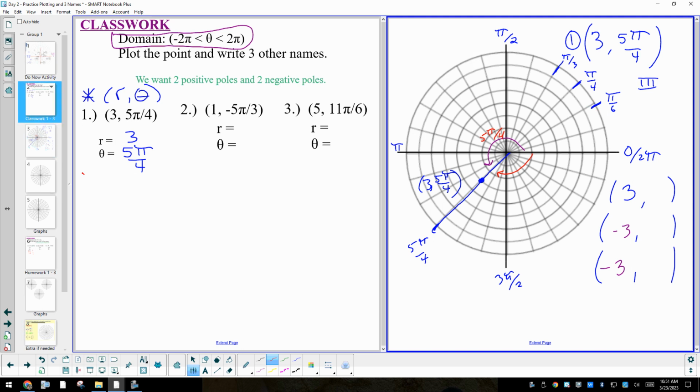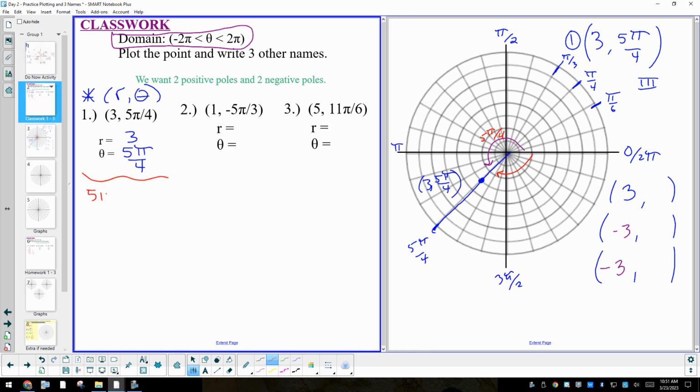So since we have 5 pi over 4, and I want the negative angle, I subtract. So I go minus 2 pi over 1. And this will take the guesswork out, I should say, right? Denominator is 4. What's your top going to be? 8.